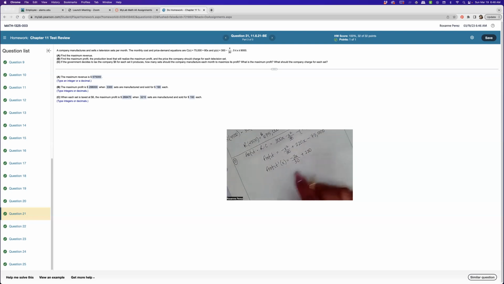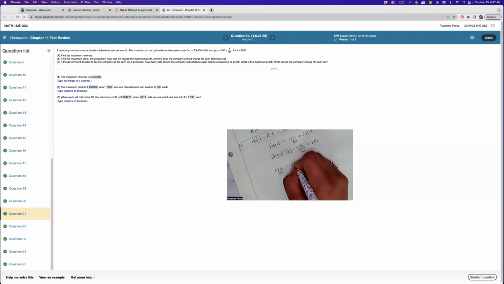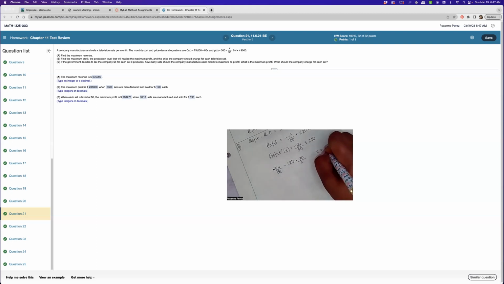Now we're going to set this equal to 0 and solve. Okay. And that's going to give us x equals 3,300.